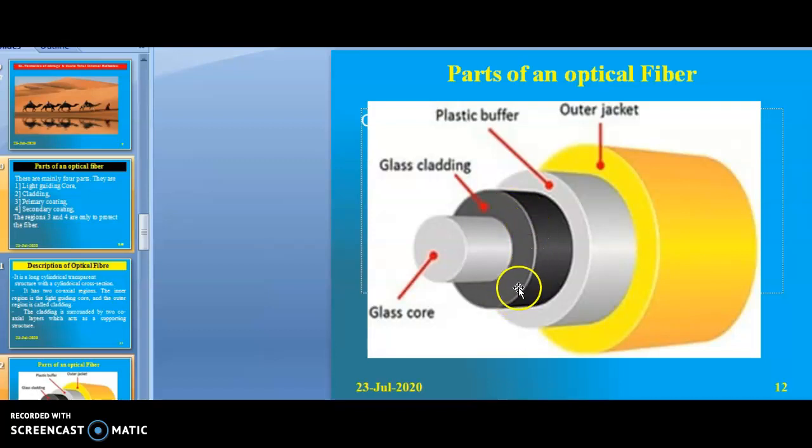So this black one is called cladding, and the cladding is surrounded by another protection, that is plastic fiber. It's made of plastic, and that primary coating is surrounded by the secondary coating, called the outer jacket, which appears yellow in this slide. For all these regions the axis is common, hence they are all coaxial cylinders.